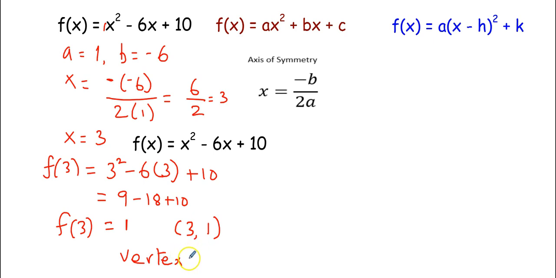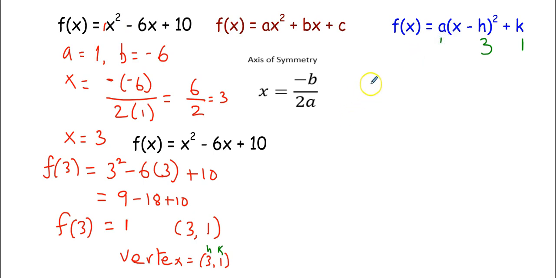Okay, vertex is 3, 1. So this 3 is your h and 1 is k. The value of a is already 1.